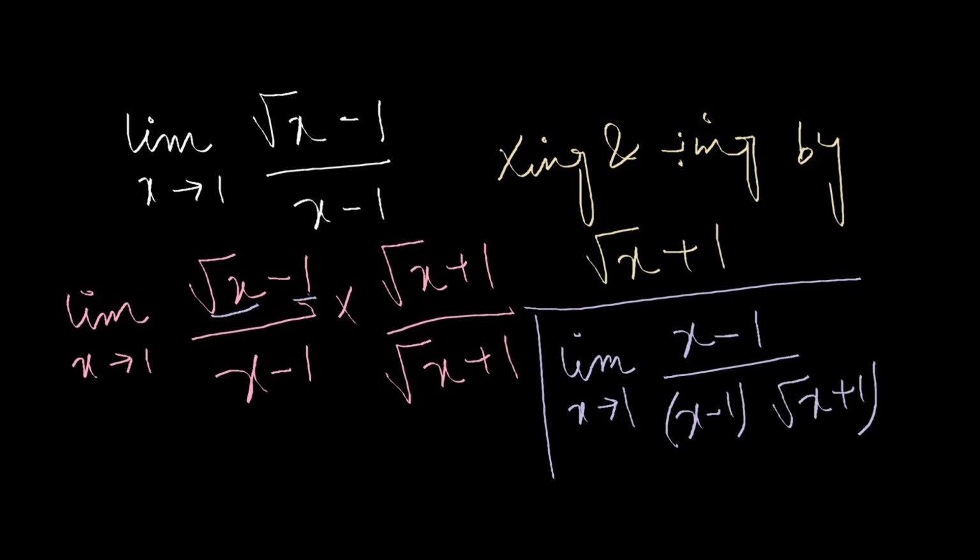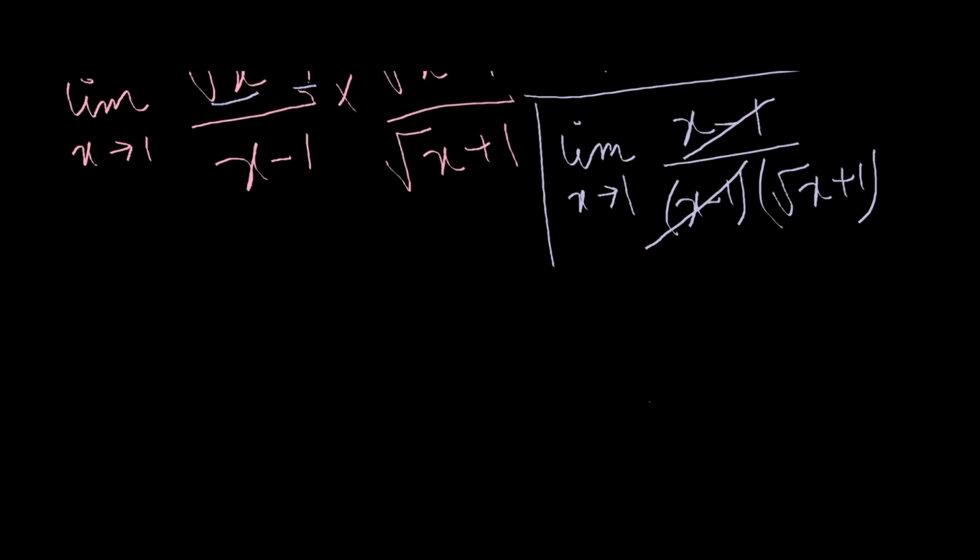These two cancel each other because they are in division. So the final function would be limit x tends to 1 of 1 over under root x plus 1. So this is now a determinate form.